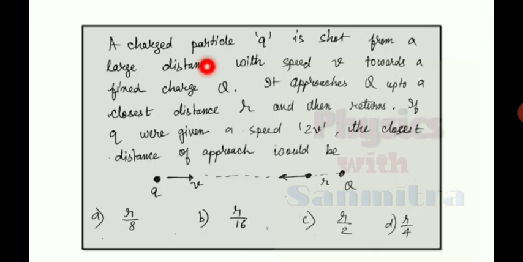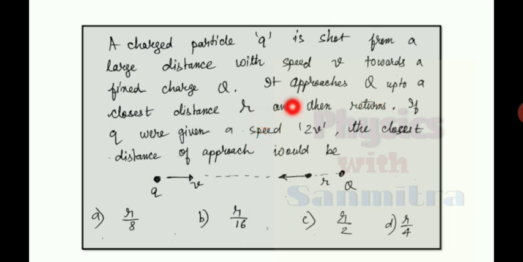Now, a charged particle Q is shot from a large distance with a speed v towards a fixed charge Q. See, here is a fixed charge Q, and a charged particle is being shot here, and there is a repulsive force acting between these two. Now it approaches Q up to a closest distance r.